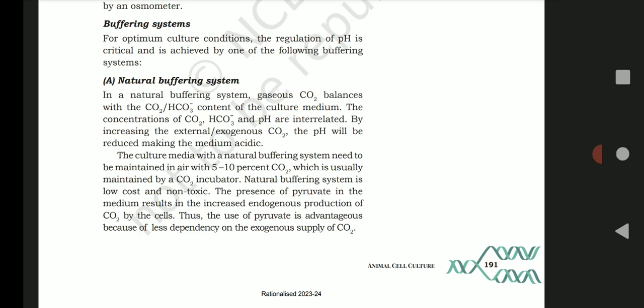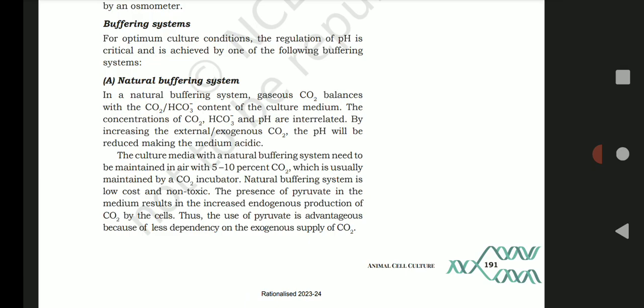Further, this carbonic acid breaks down into proton as well as bicarbonate. The proton contributes to the pH and bicarbonate buffers the acids present in the medium. So this is an excellent buffer present in our system, which is also utilized in the growth and culture of animal cells as well as human cells.